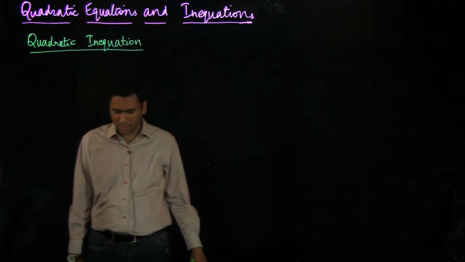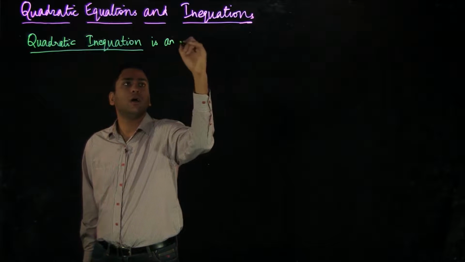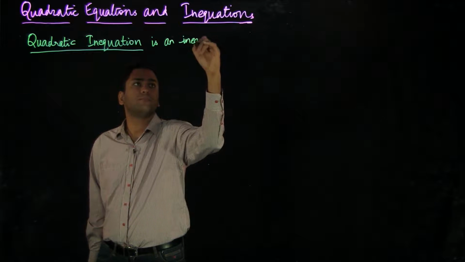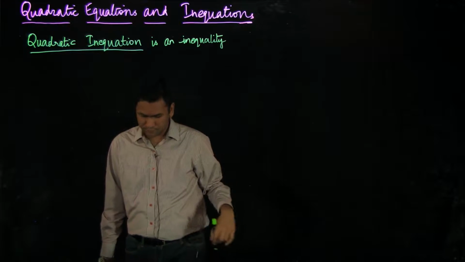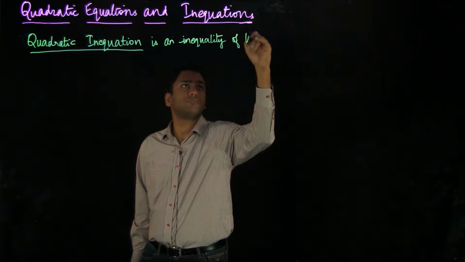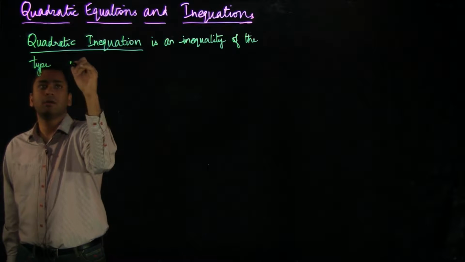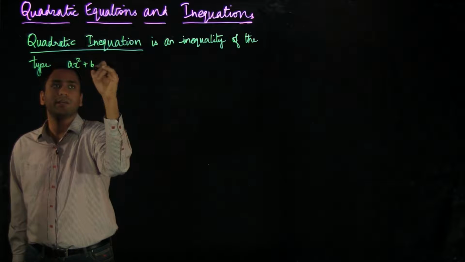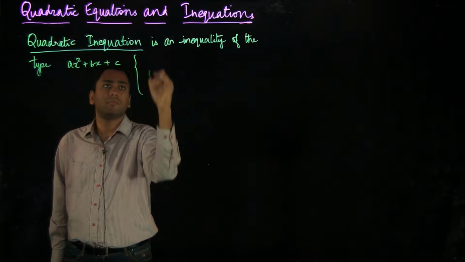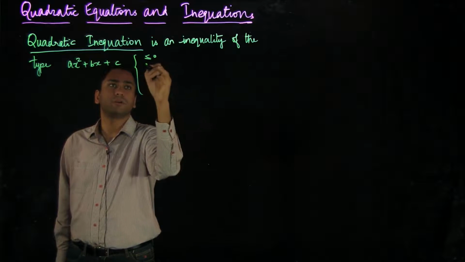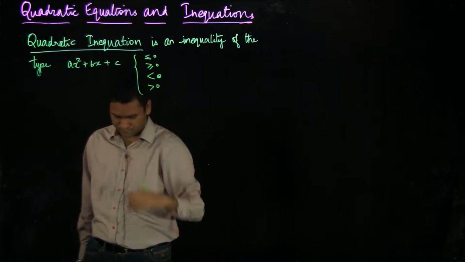So a quadratic inequation is an inequality of the type ax squared plus bx plus c less than or equal to 0, greater than or equal to 0, less than 0, or greater than 0.